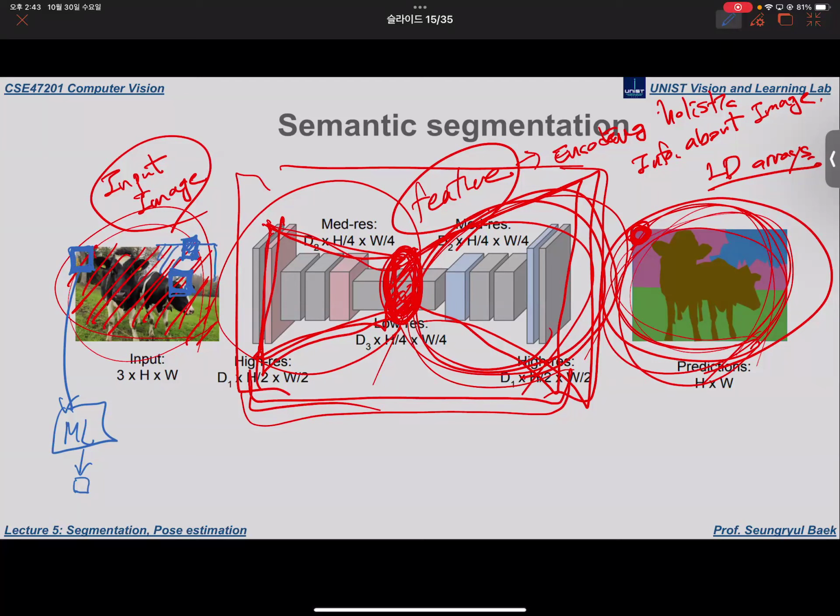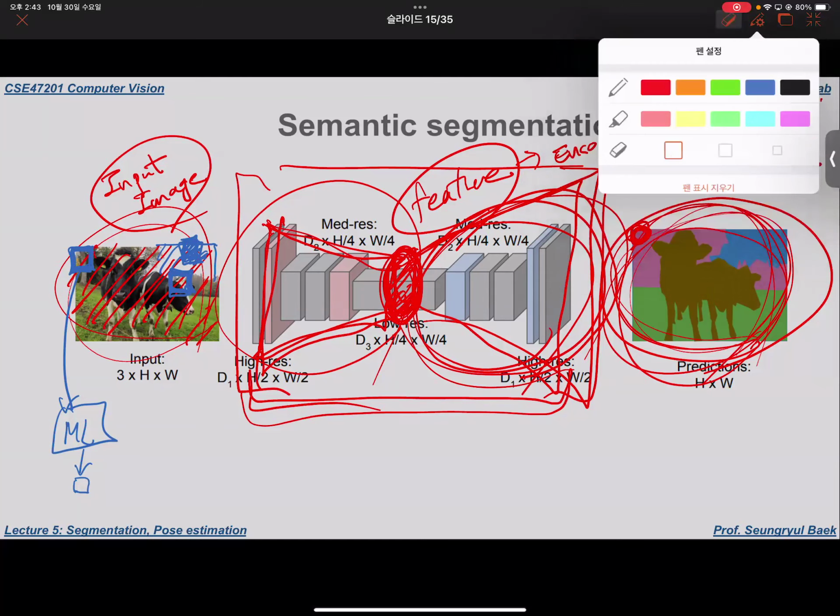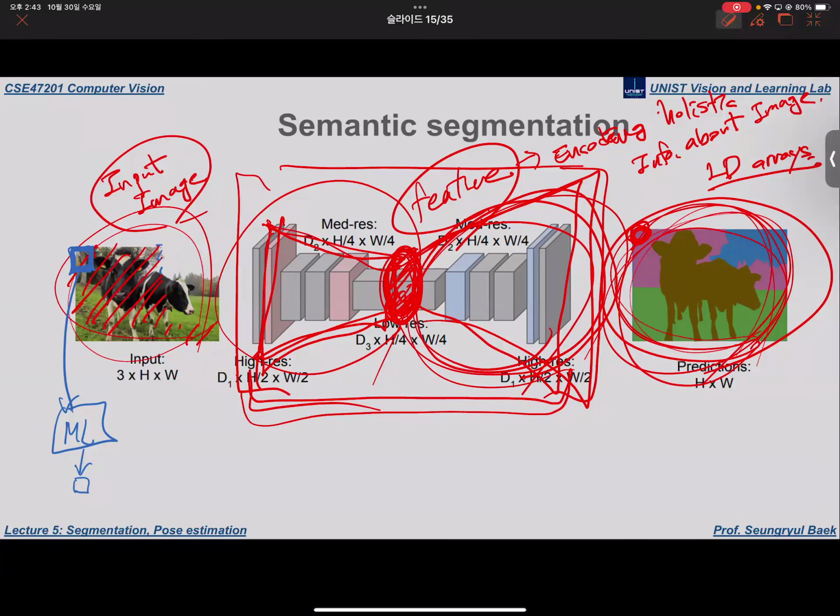If you extract a patch from this region, it has almost no texture and just some white pixels. So when you see these patches only, sometimes it is hard to discriminate them as the sky class. I agree with that. So you need some contextual information to say that this patch is sky, okay?